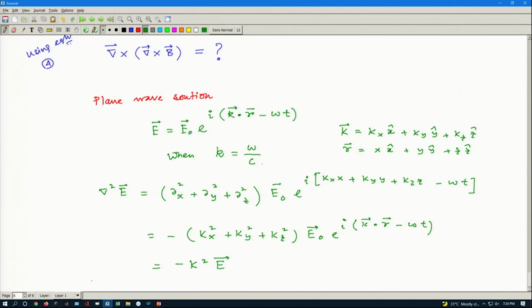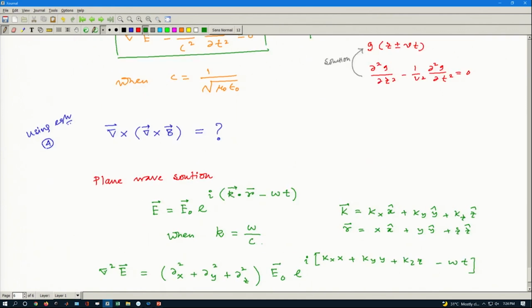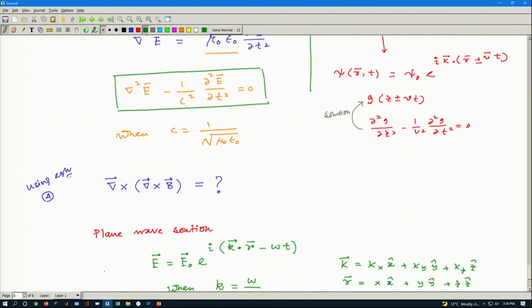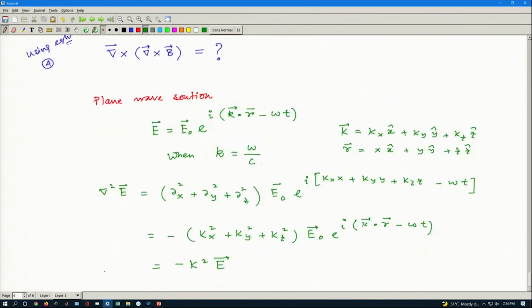The right hand side is 1 by c square d2 E dt square, so it should be simply minus omega square by c square times E, and we already mentioned that k should be equal to omega by c, for which the solution is there.